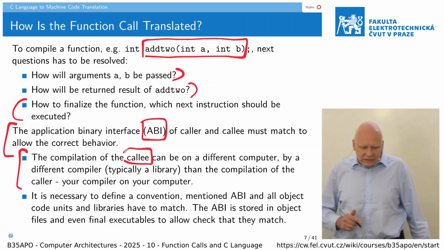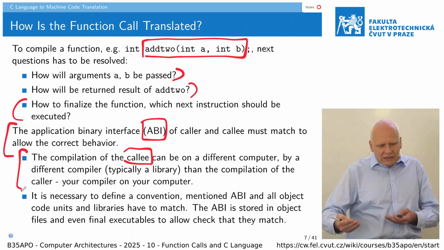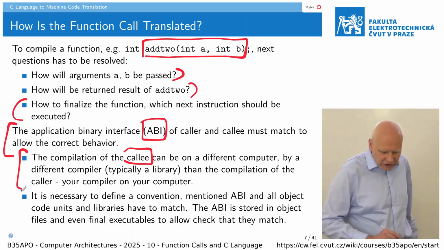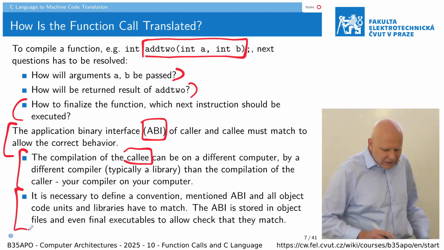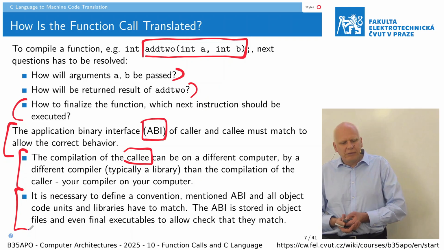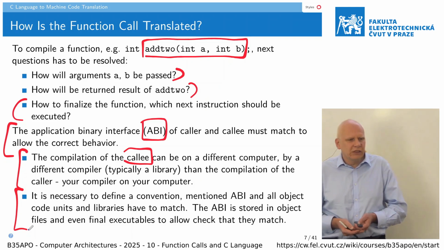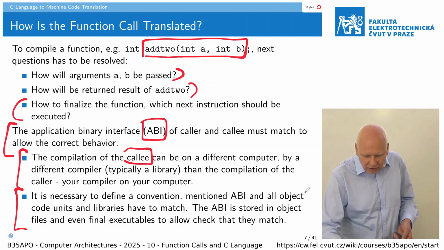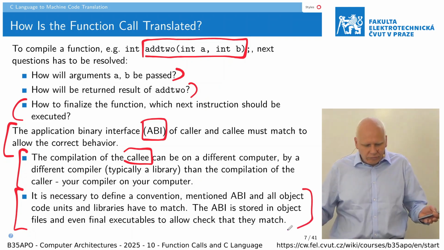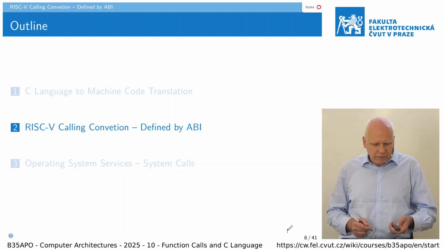So it is necessary to ensure that the libraries and the code match. And usually the information about what ABI has been used for a given compilation unit is stored even in the object file. So if you try to combine incompatible modules, then you get some error and so on.